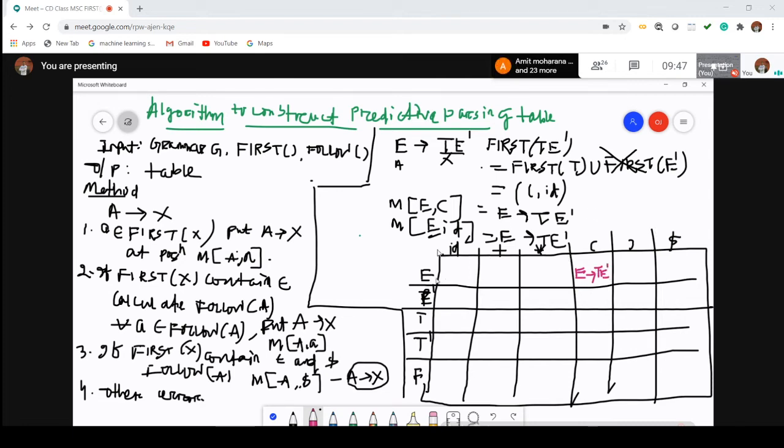Another value is id. In the cell for E and id, again I have to put E to T E dash. Okay, the first production is completed.